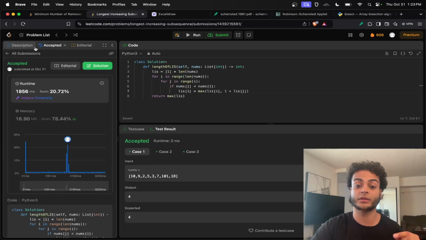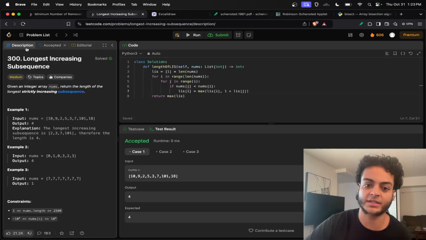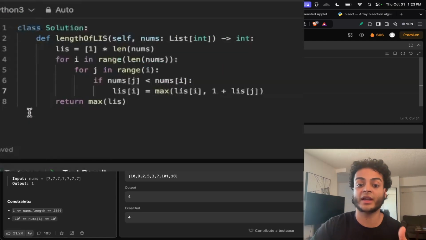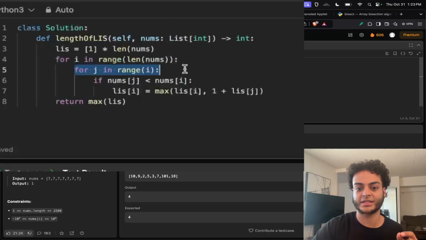The first thing to look at when we're trying to see if we can do better is, what is our time complexity? If there are n items, we're iterating through n items right here, each index in nums, and then for each index in nums, we're iterating through all the indices less than it.